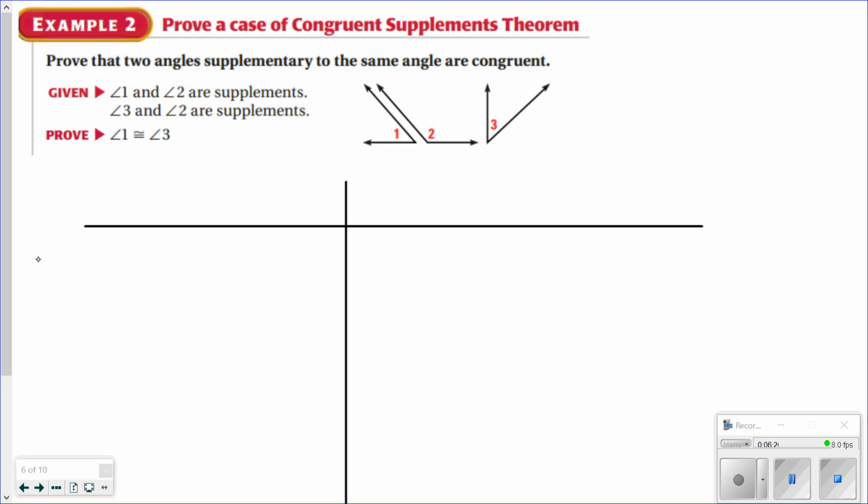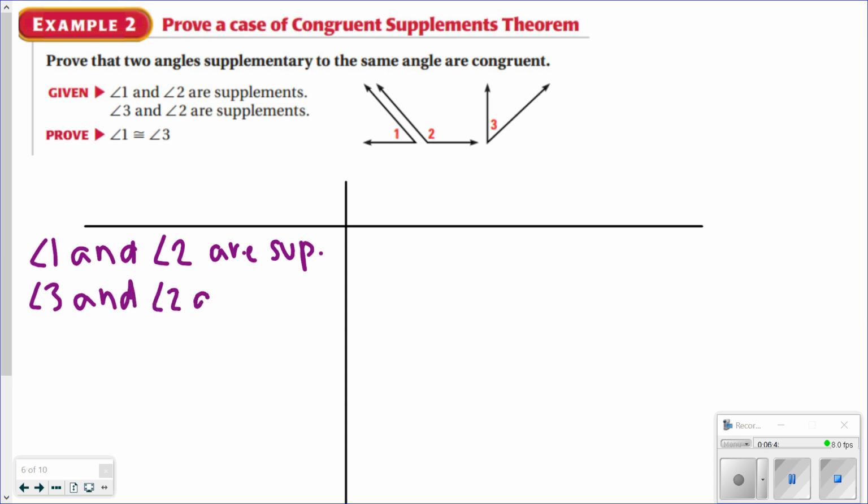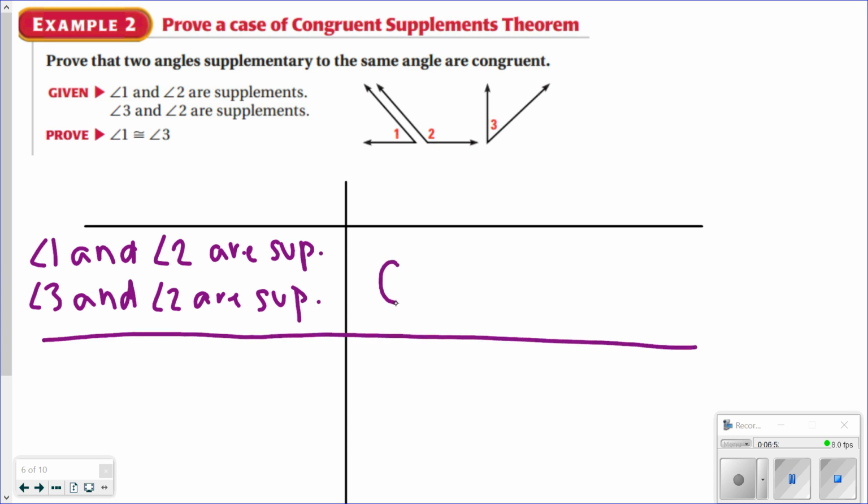So we know that angle 1 and angle 2 are supplementary. So I'm just going to put sup. And we know that angle 3 and angle 2 are supplementary, but once again, I'm just going to put sup. All right, and the reason that was given.